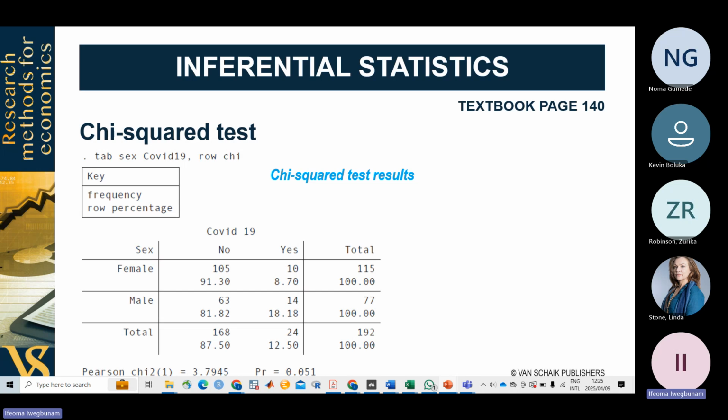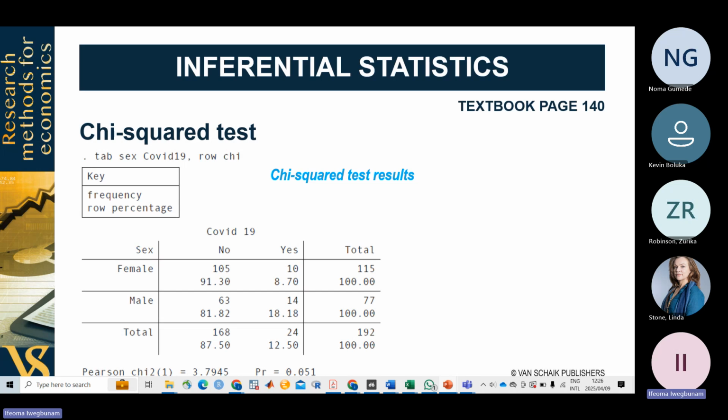So you will see the chi-squared, but you can also see the probability results down there, which is 0.05%, and also the chi-square, you see that the number of male patients is 82%, while the number of female patients is 91%.